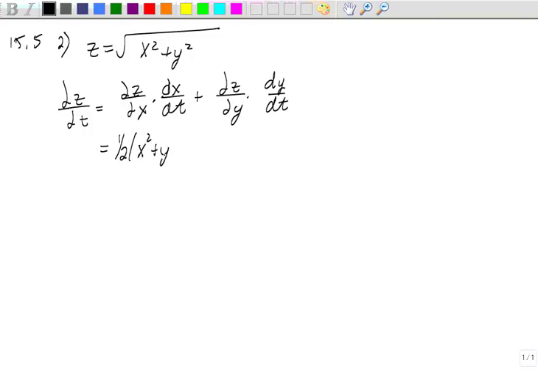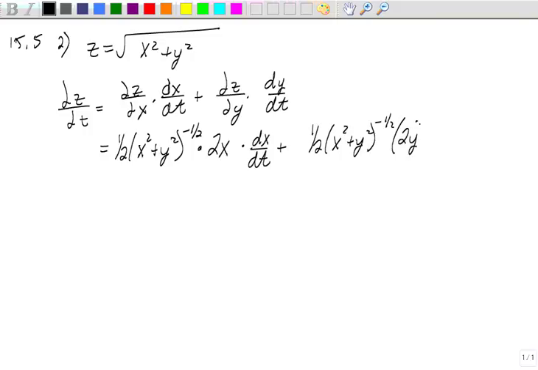You have to use a chain rule. Subtract 1. Come back, take the derivative with respect to x. So that's 2x, y is a constant, times dx/dt. Plus do the same thing with respect to y. X is a constant here, so it's 2y times dy/dt.